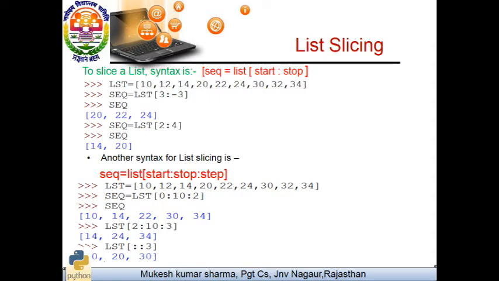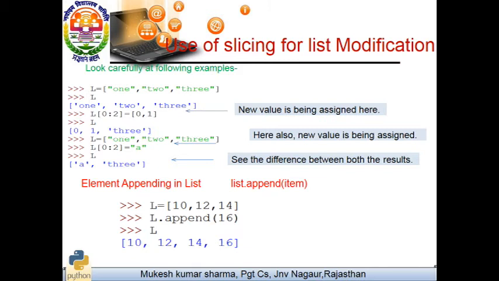In list slicing, the value of the starting index is included and the value of the stop index is not included. Now let us talk about list modification. In this video, you can see that we have assigned new values and also changed values, and we have appended an element to the list using the append function.